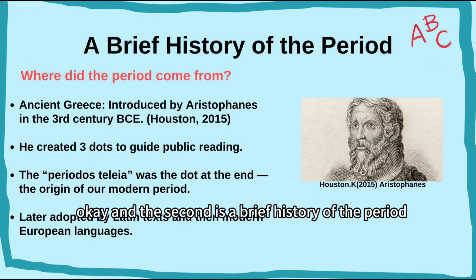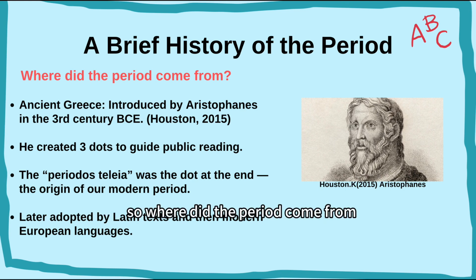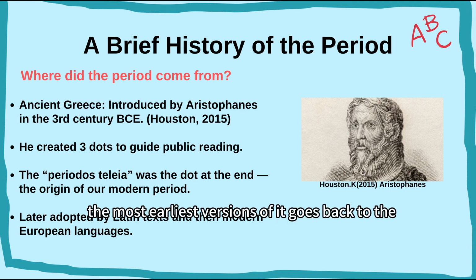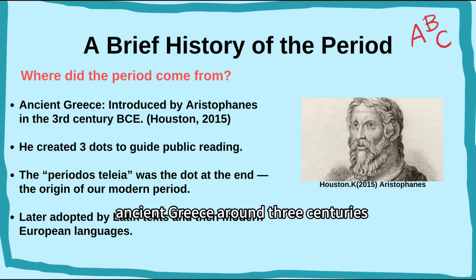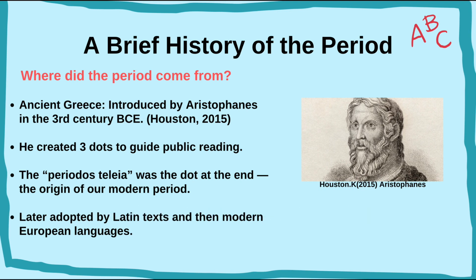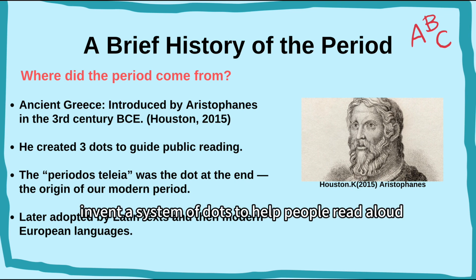Okay, and the second is a brief history of the period. So, where did the period come from? The earliest versions of it go back to ancient Greece around the 3rd century. A librarian named Aristophanes invented a system of dots to help people read aloud.